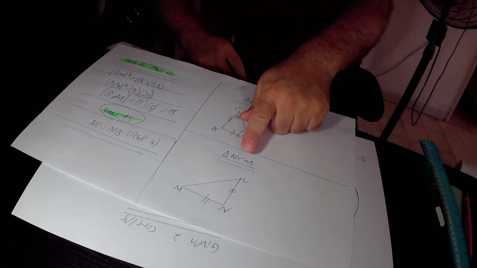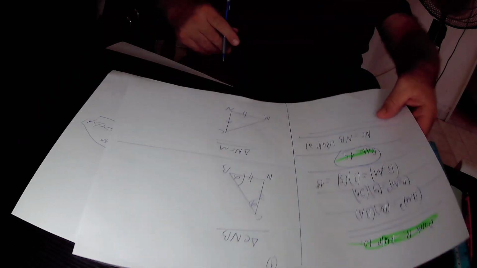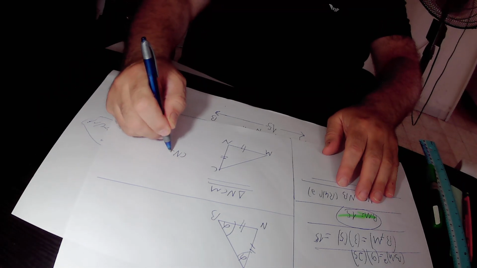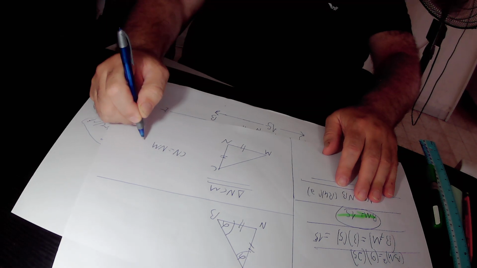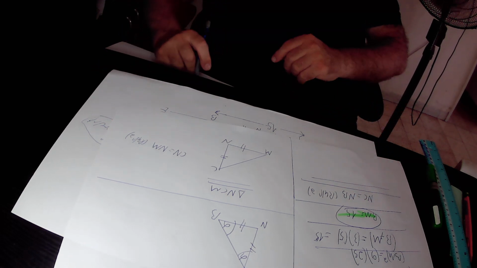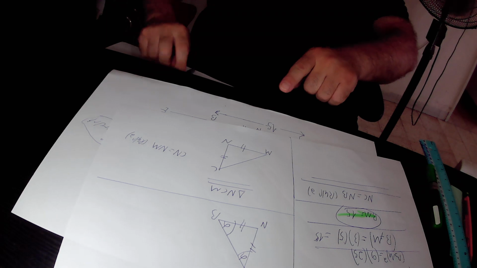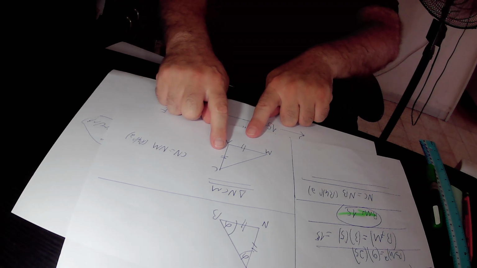According to Rule 2, CN equals NM. Again, I write it down. CN equals NM according to Rule 2. So in front of those two equal sides in triangle CNM, we have equal angles.